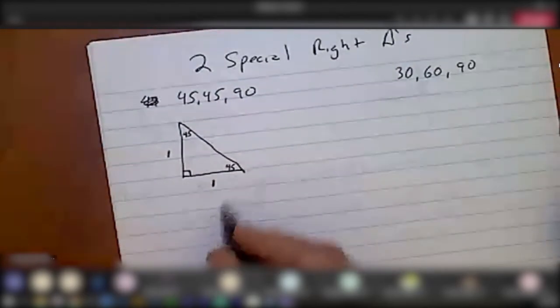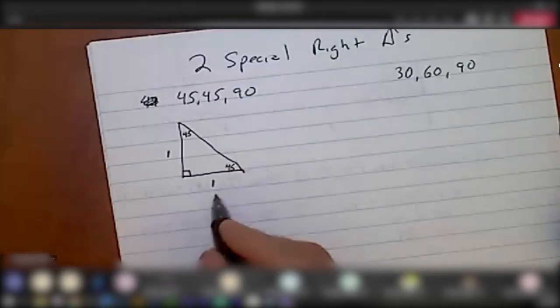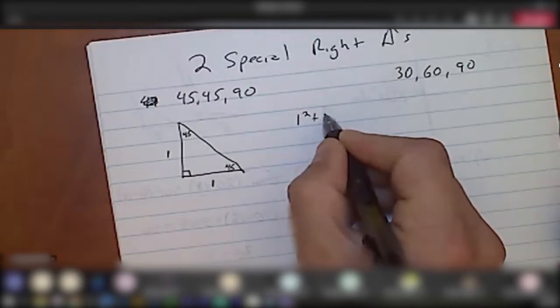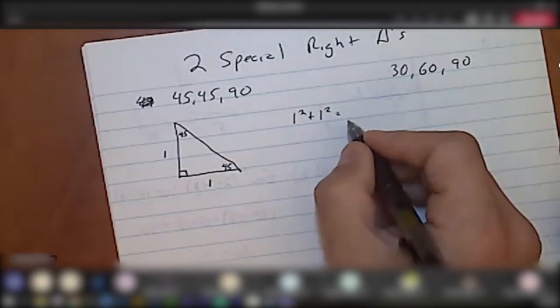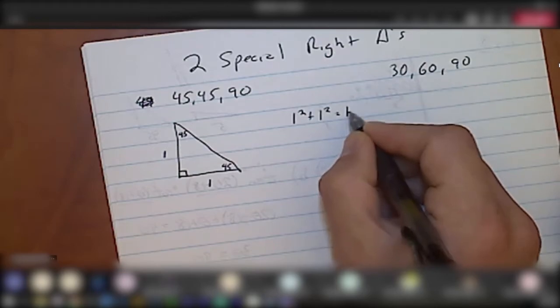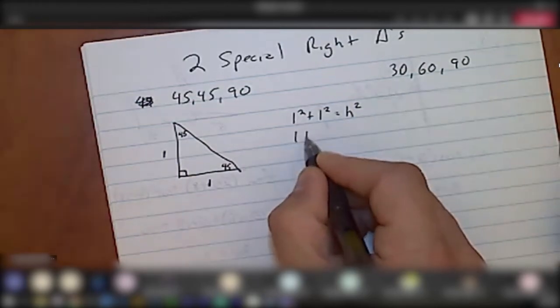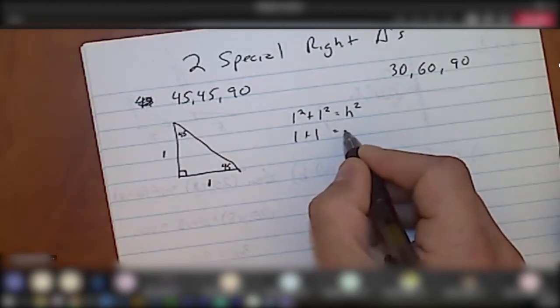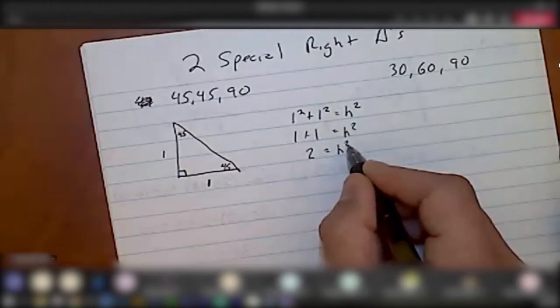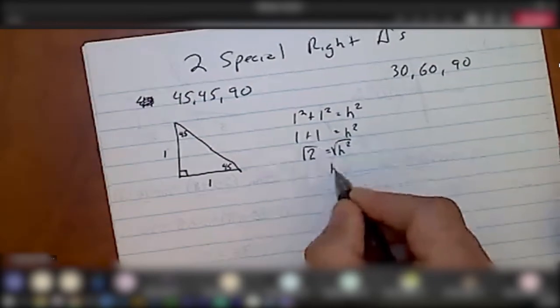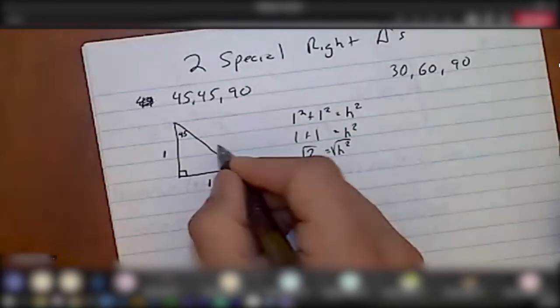So it's leg squared plus leg squared equals hypotenuse squared. 1 squared is 1. 1 squared is 1. So you end up getting 2. Square root both sides. So the hypotenuse is the square root of 2.